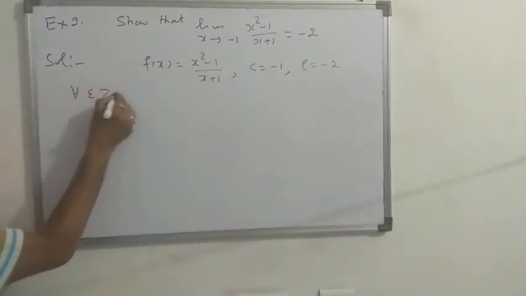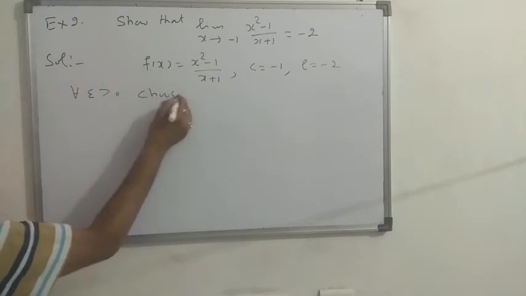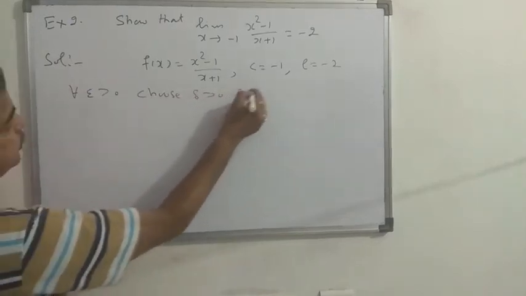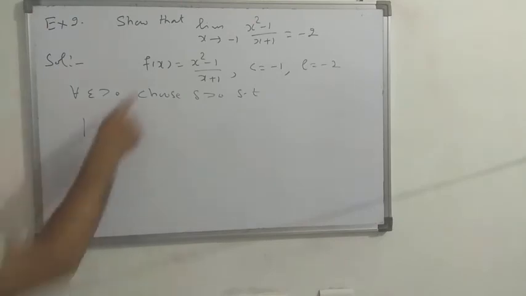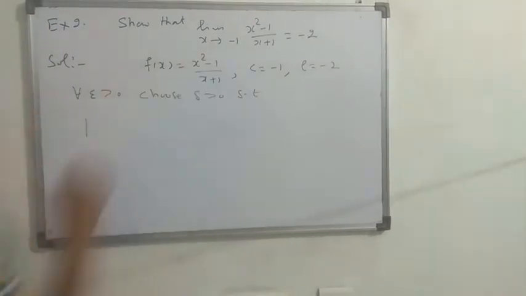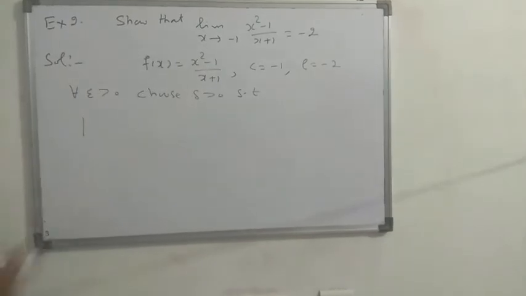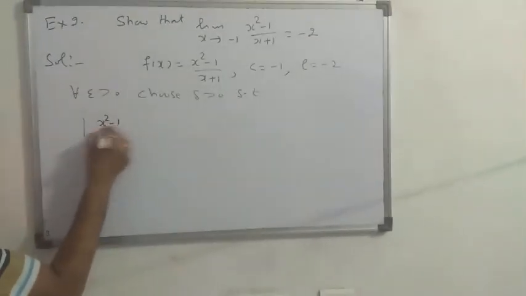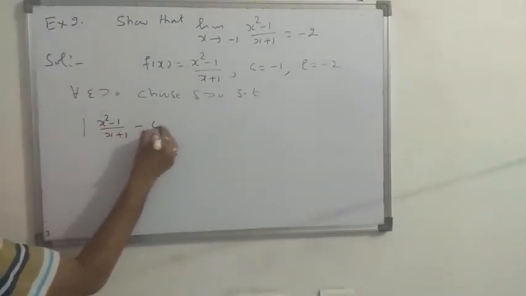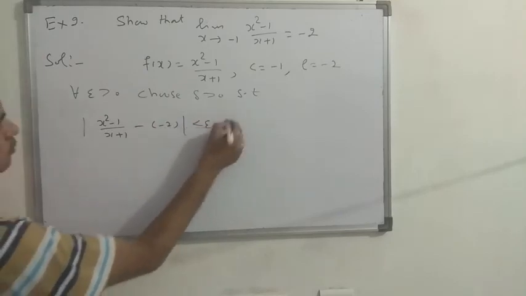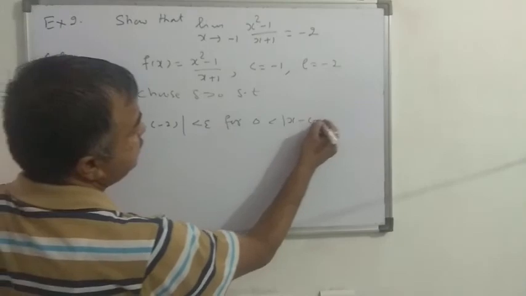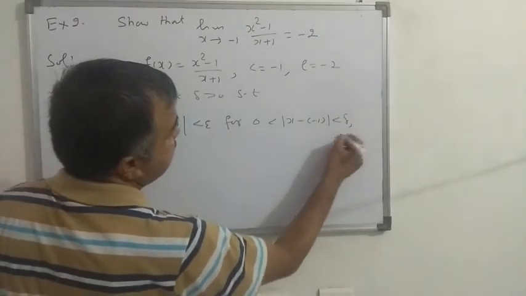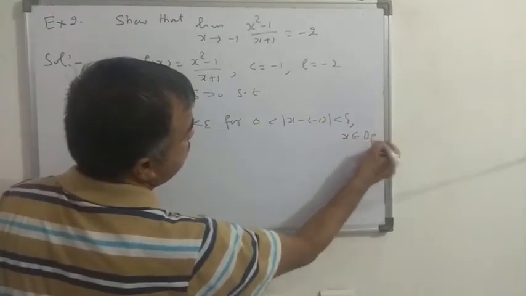So for all epsilon positive, choose delta positive such that modulus of f(x) minus L, this is (x square minus 1) upon (x plus 1) minus (minus 2), for 0 less than modulus of x plus 1 less than delta, x belongs to the domain of f.